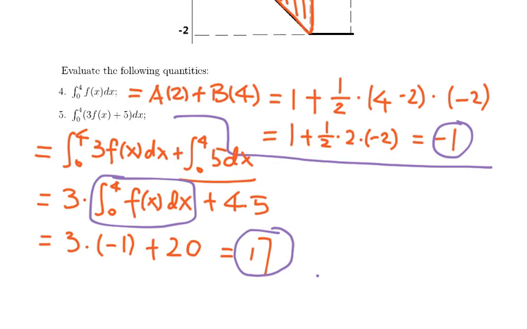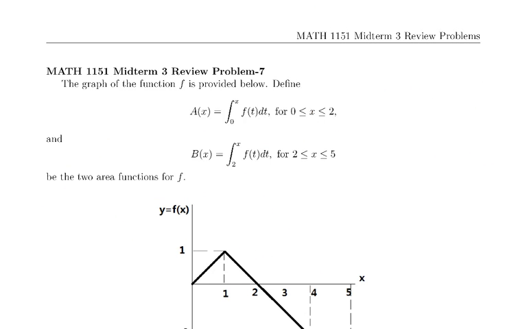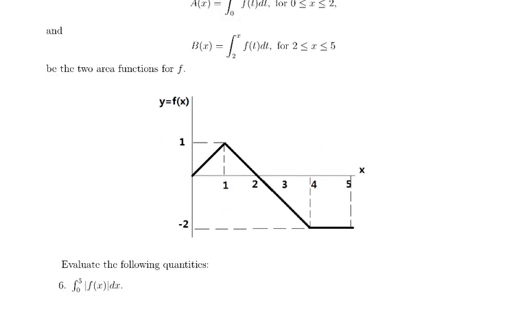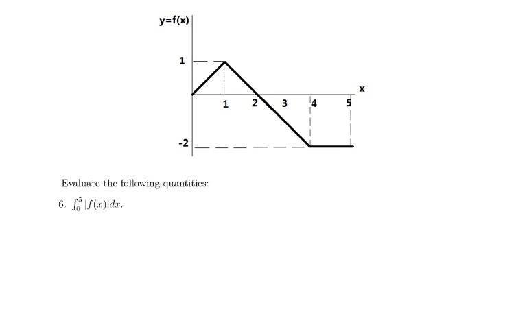Now we are going to look at the very last part of this problem. We're going to evaluate the integral of the absolute value of f(x) from 0 to 5. So firstly, we're going to find the graph of the absolute value of f(x).